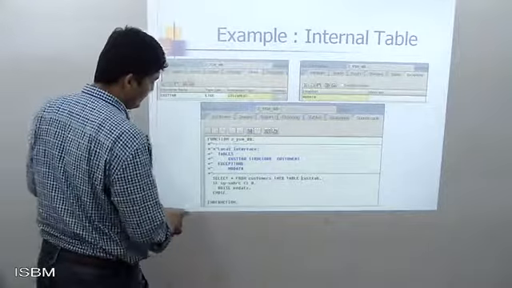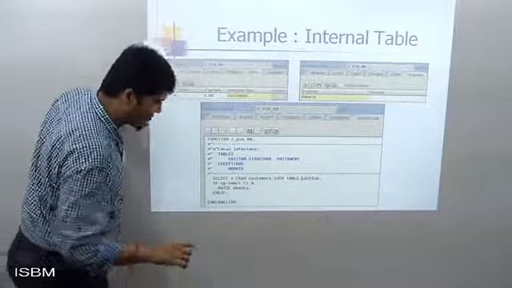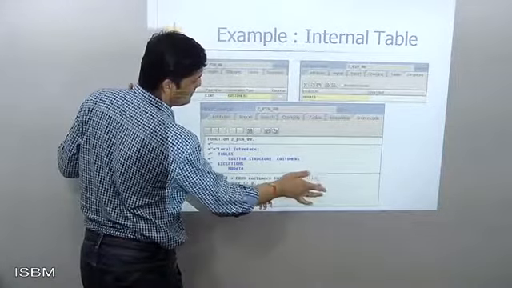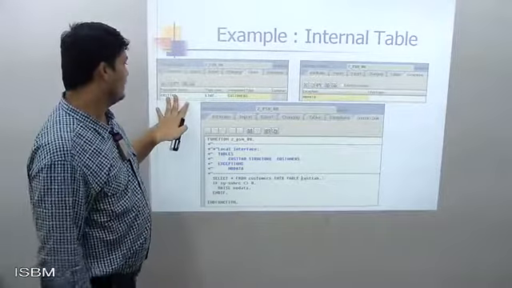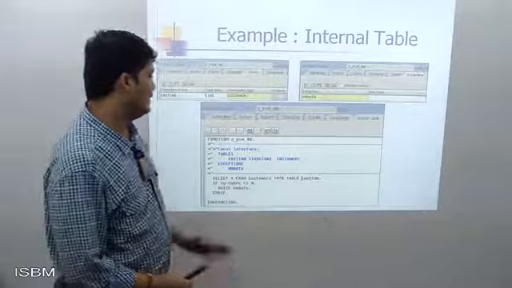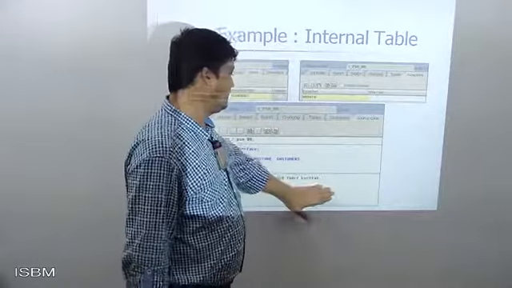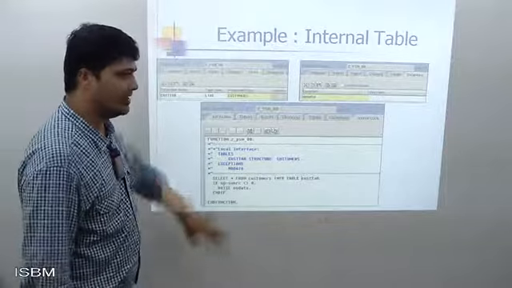So I have done select star from customers. It will fetch all the data from customers into my table cust tab, which is my internal table like customers. The cust tab structure is the same as the customer table, so it will put all the data in my cust tab. Cust tab will be full with the customer values.